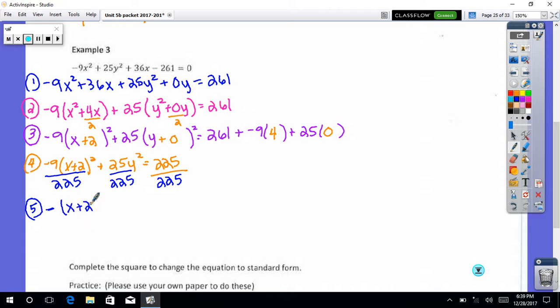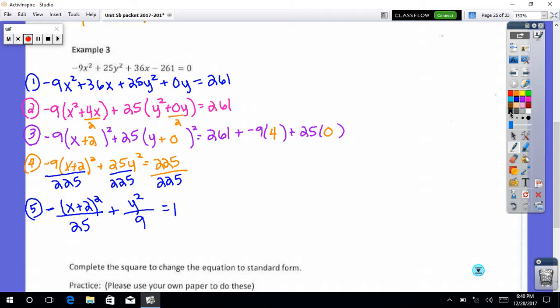So x plus 2 squared, and you simplify that. You get 1 over 25, so this one's over 25, plus y squared over 9. Is that equal to 1?